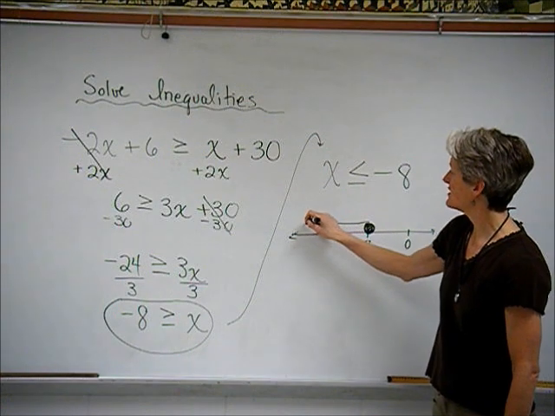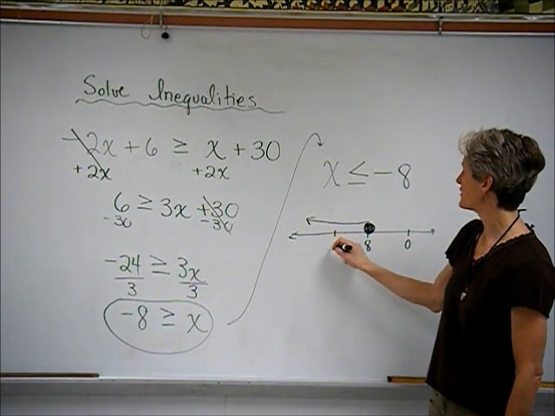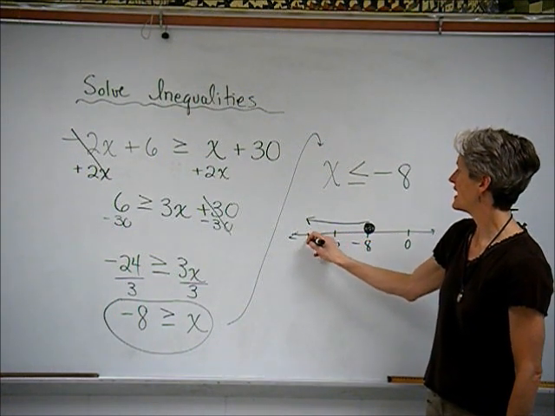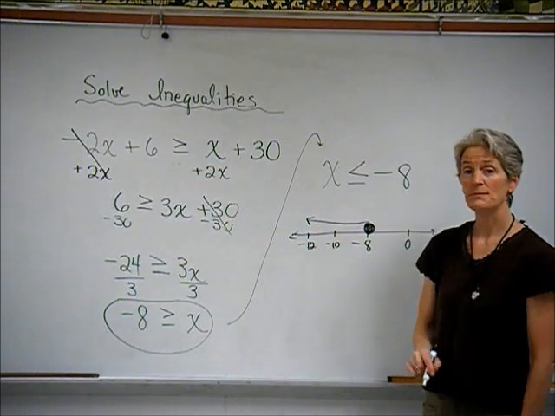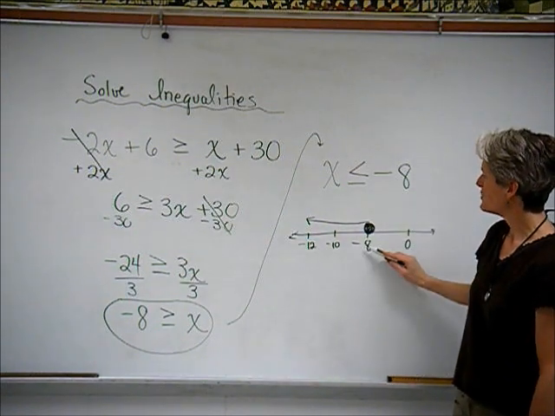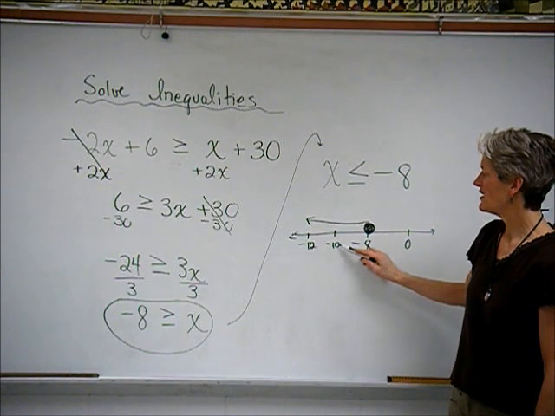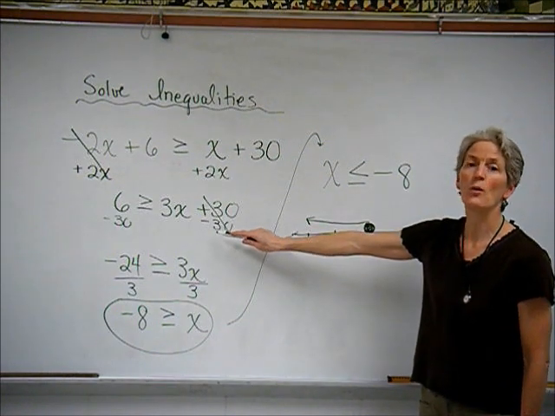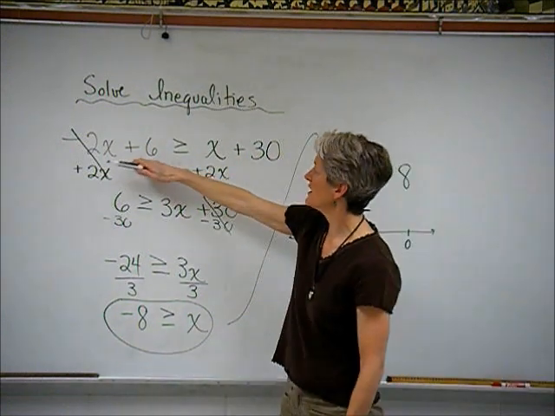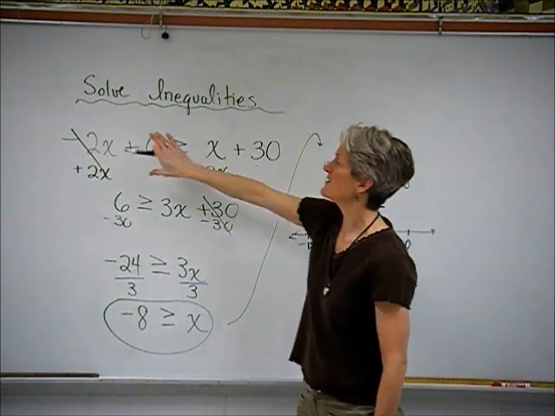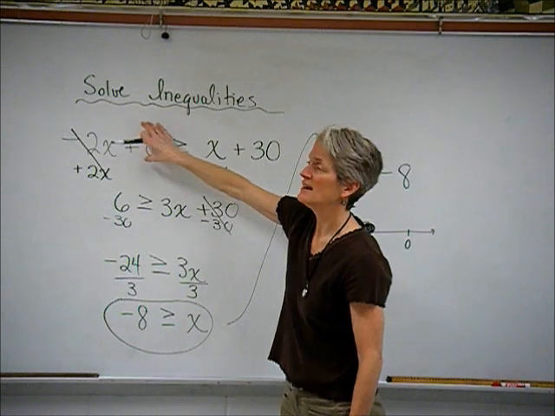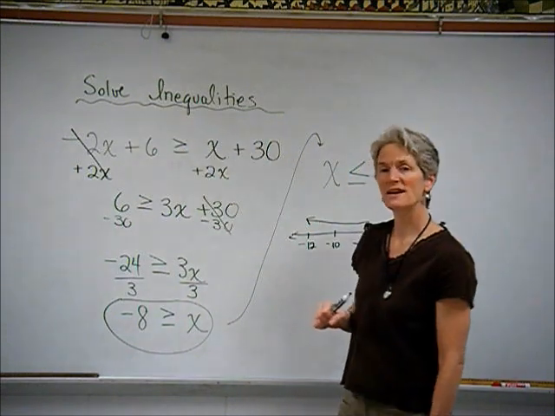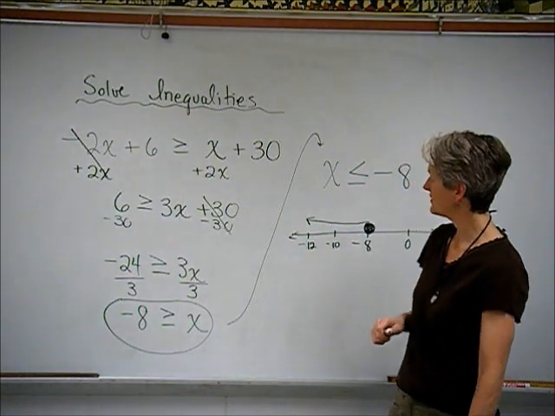And less than means I have to go towards smaller numbers, like negative 10, negative 12, and so on. So if I were to plug in negative 8 or negative 9 or negative 10.7 or negative 1,000,000.1 into this original inequality, you would in fact get something bigger on this left-hand side and something smaller on the right-hand side. Isn't that kind of fun?